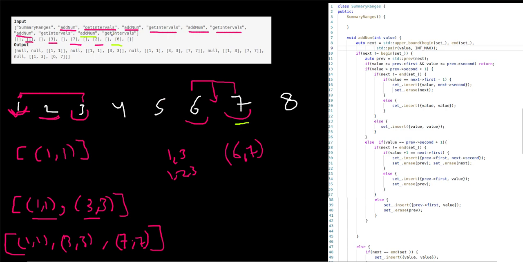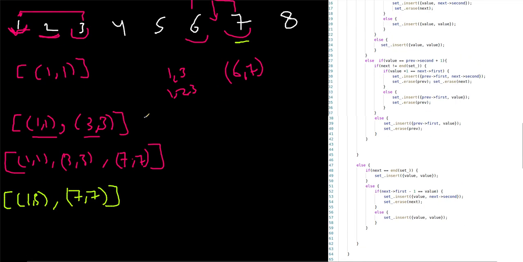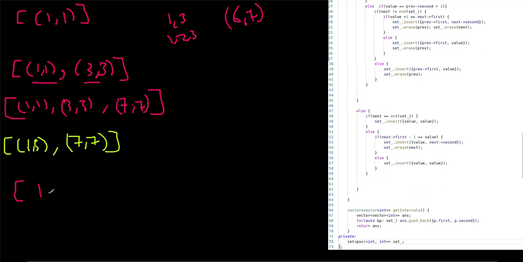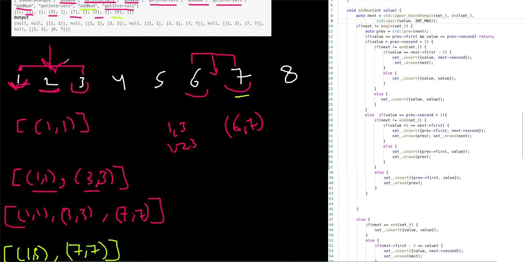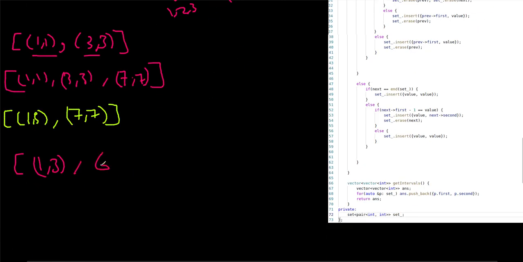And so for the next getIntervals, we return 1 to 3, which is the first interval, and 6 to 7, which is the second interval. And notice the intervals are sorted based on the start values.